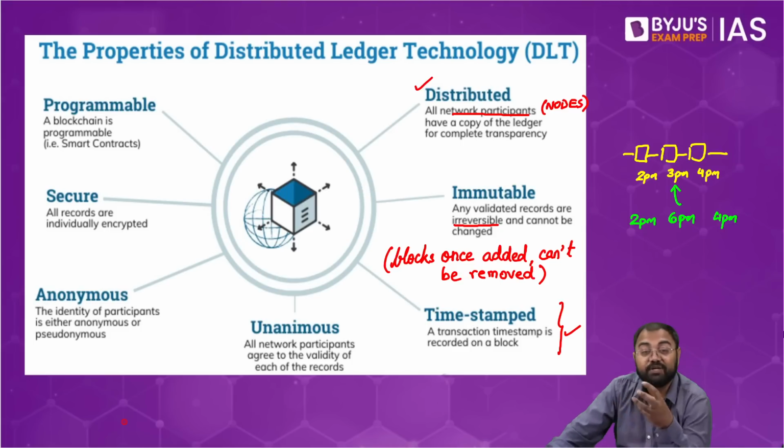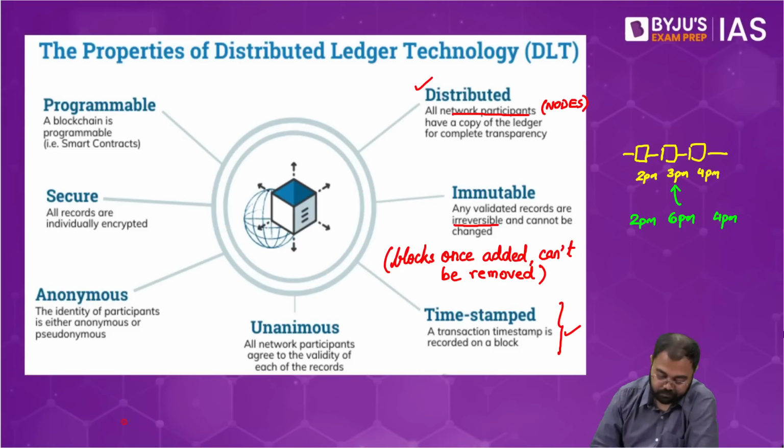Just like how we talk about the UN Security Council, where certain member countries have a veto, right? Veto power means that if any one of those countries rejects a proposal, it completely gets rejected. So something similar happens here also, that each and every node that we have here will also be responsible for the validity.